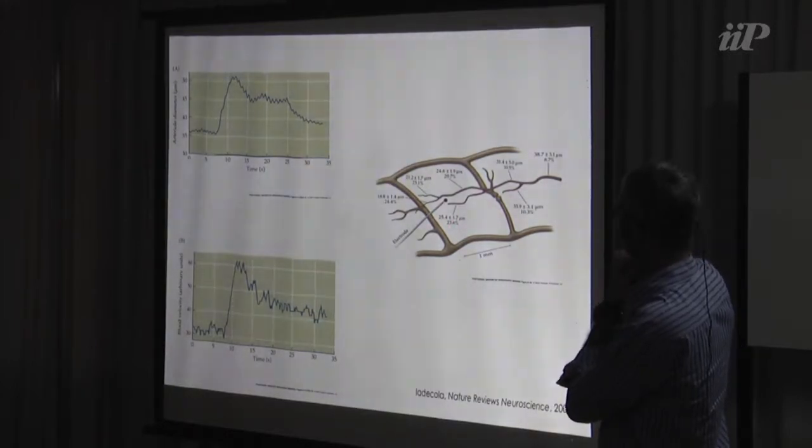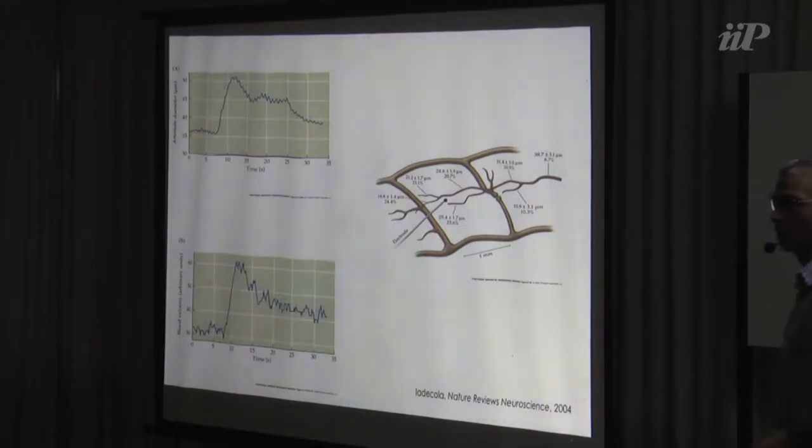This number here is the distance that this site is from the electrode, and this is how much of an increase you have on the artery itself.